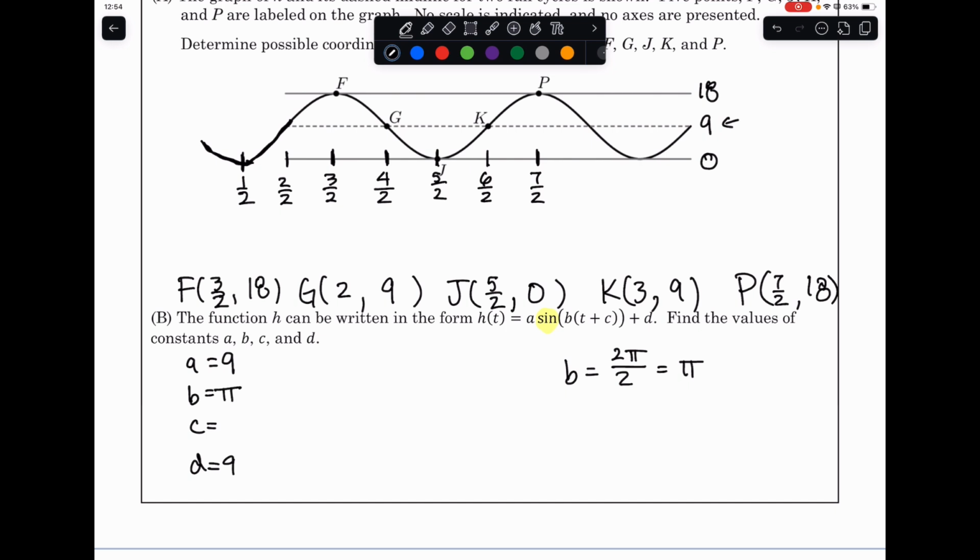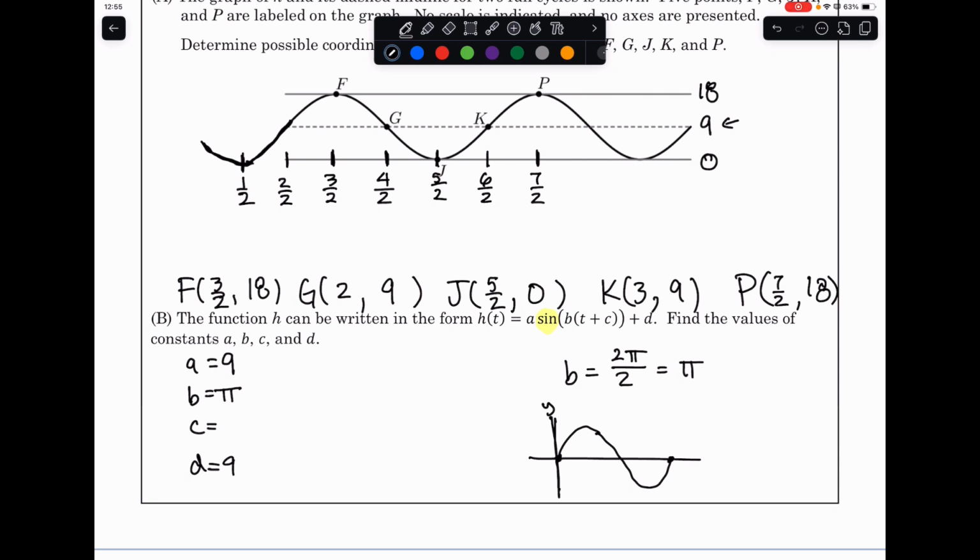And the only thing left again is to figure out our phase shift. What is the value of C? Well, since our sine function, again, starts at the midline, goes up, goes down, and goes up, from the y-axis, I'm going to see where the first shift of sine is created and use that point.